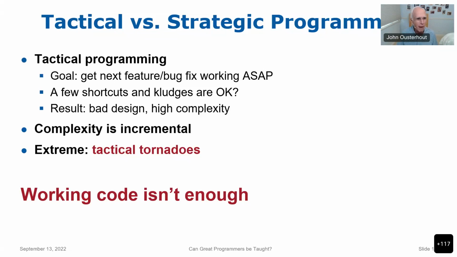There's an extreme of this mindset, which I call tactical tornadoes. As far as I can tell, every engineering organization has at least one of this kind of person. These are people that are amazingly fast at getting that bug fixed or the next feature fixed. Bosses often view them as heroes: when push comes to shove, give the job to this person and they will get it done before you know what's happened.